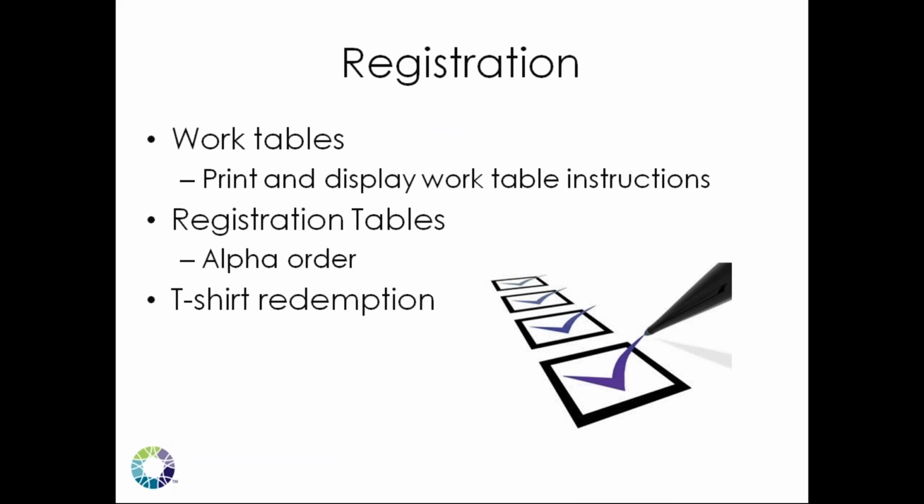Things you need for registration: the work tables, as I mentioned before, and registration tables, which we're doing in alphabetical order by last name. That's how your reports will be run. That makes it a little bit easier for people to check in just by their last name.